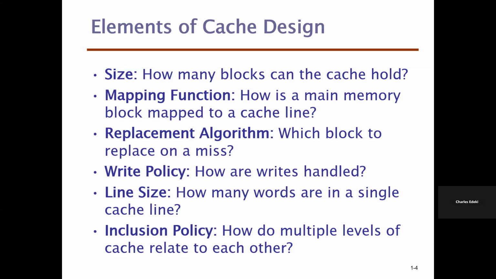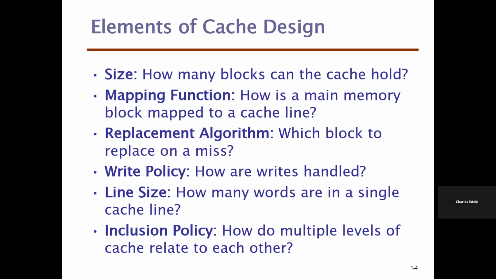So we also have what we call the replacement algorithm, which means which block to replace on a miss. Then we have a write policy, how writes are handled. We will go through all this in these lectures. Then we have the line size also, which means how many words are in a single cache line. A block normally will be the minimal unit of transfer.